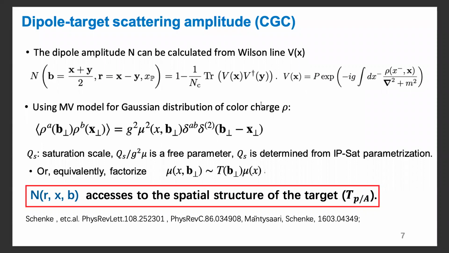The above two slides just want to show that we can explore the spatial structure of the target, either proton or nucleus, so we can get target information from the diffractive process.